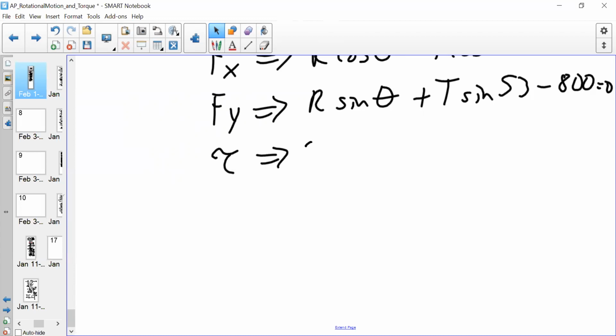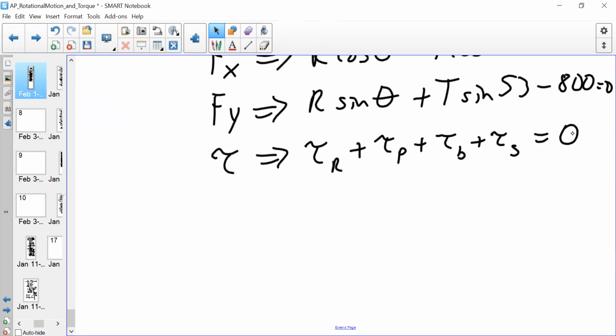So all the torques in this case are going to be the torque by the wall force, the torque provided by the person, the torque provided by the beam, and the torque provided by the string tension there.